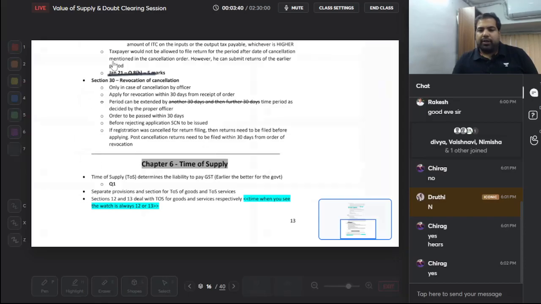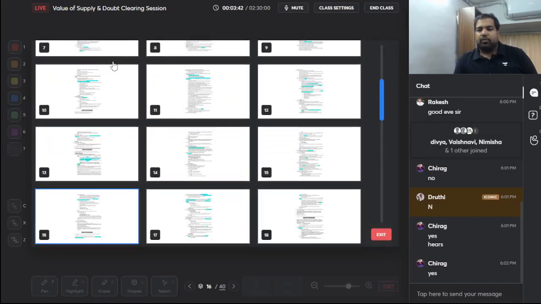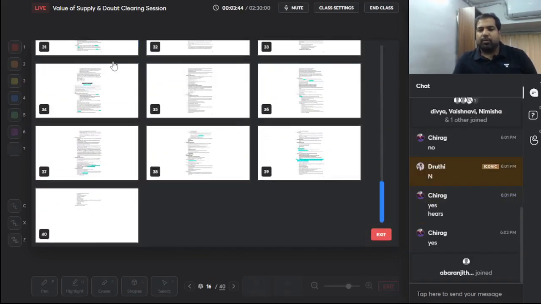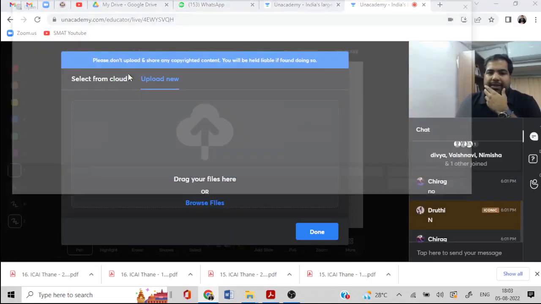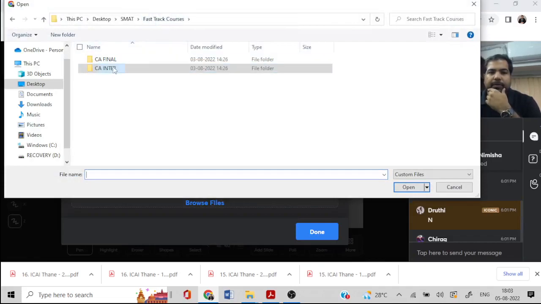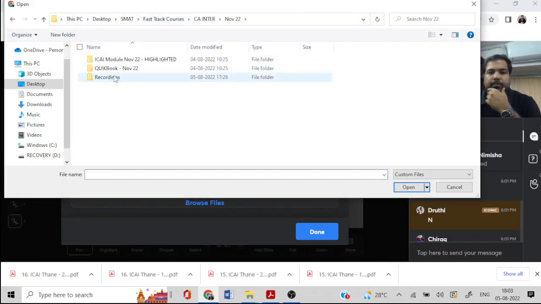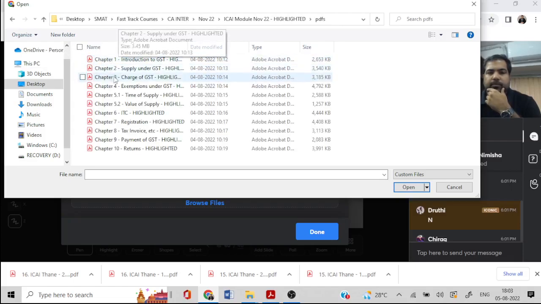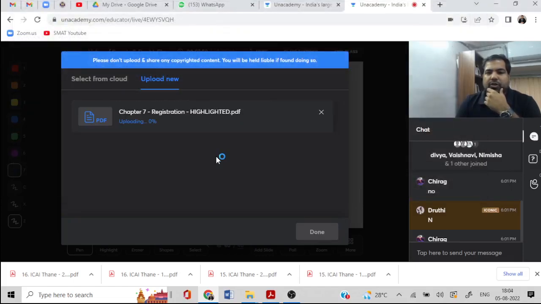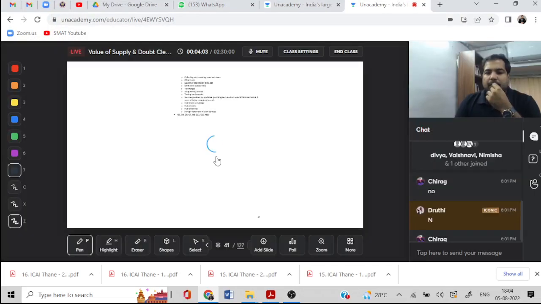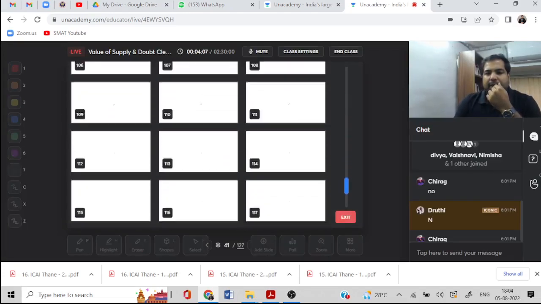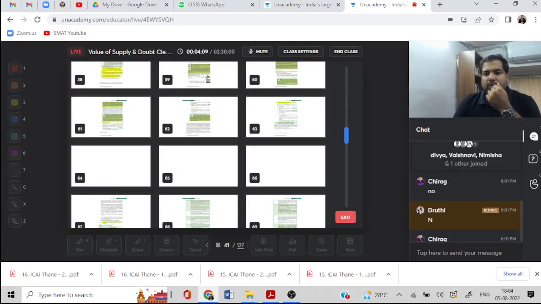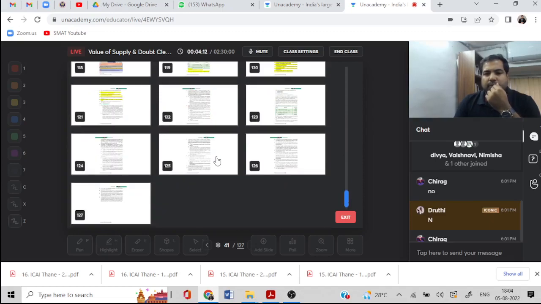So after you've done this Quickbook revision, whenever you have to revise, you will use the Quickbook, and after that I'm just going to upload the module ICI material. This is registration chapter. Guys, we'll go straight to the end and we will target all the questions that we need to do from this chapter. So here we go.